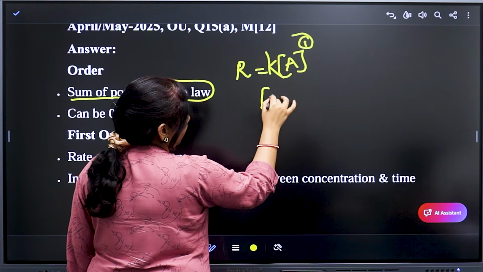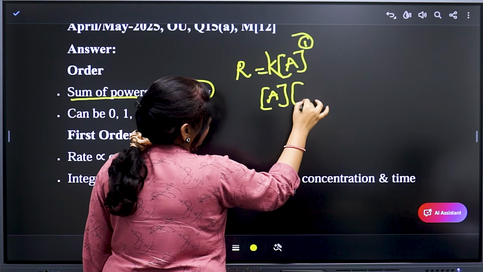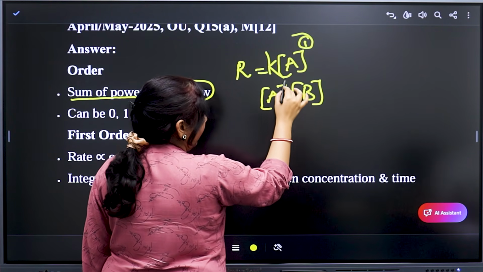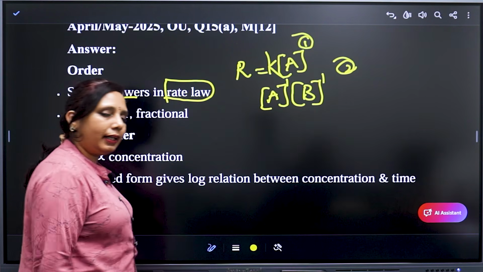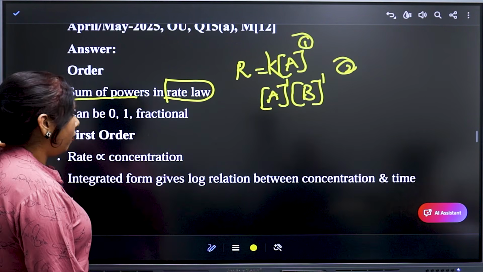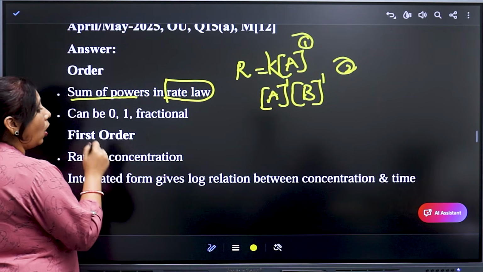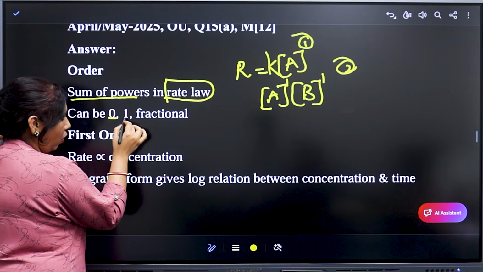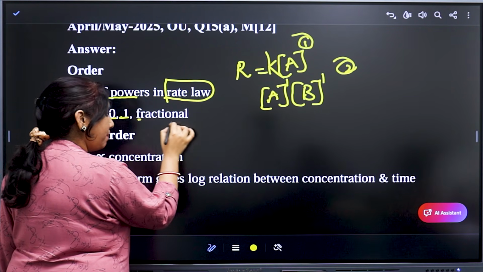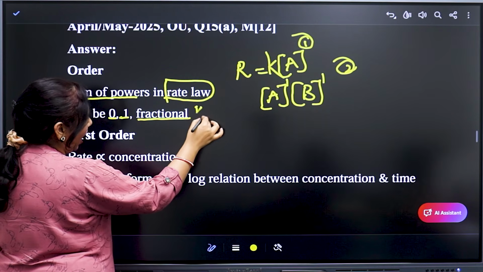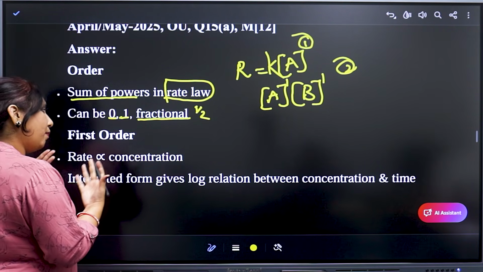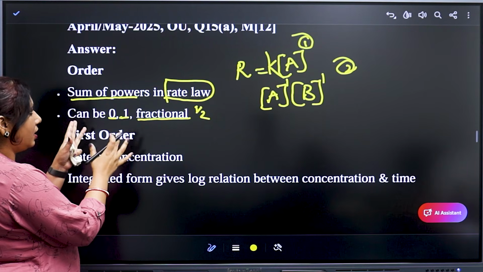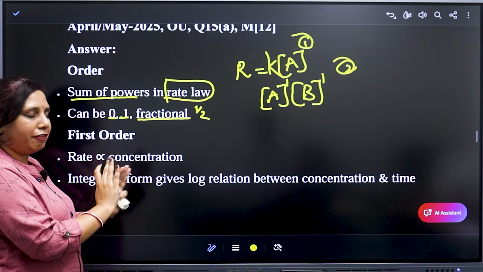If it is denoted like this, then here 1, we have 2. So that is the order of a reaction. Then this order of a reaction can be 0, 1 or sometimes fractional, 1/2, half order, or 3/4 order. It can be like that also. Now this is about the order definition.